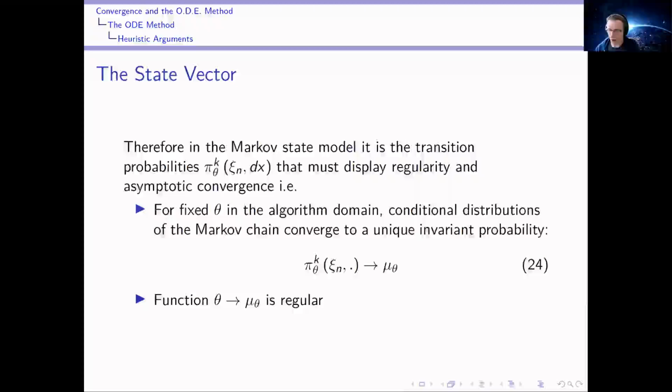So therefore, it's a requirement that the state vector has transition probabilities that are regular and asymptotically stationary. And this means that well-behaved dynamics will result from this stationary transition probability. And then the regularity condition avoids transients that break recurrency in the Markov chain.